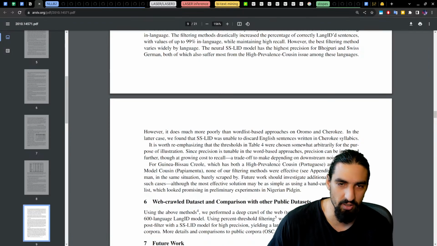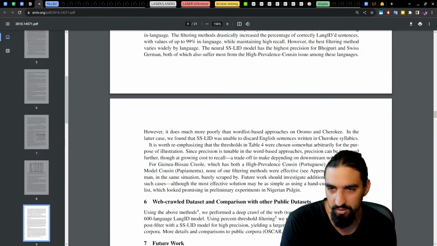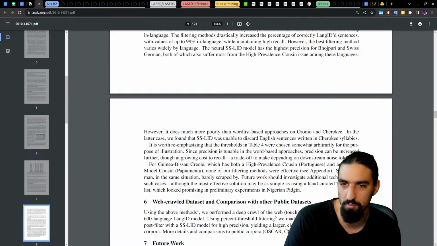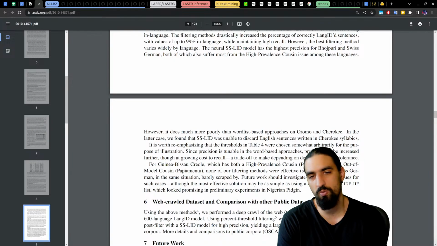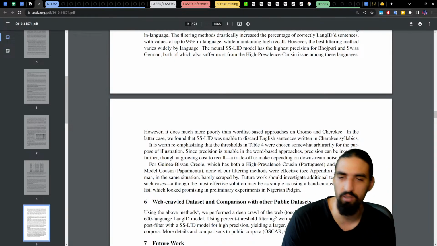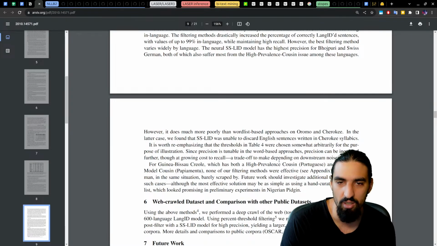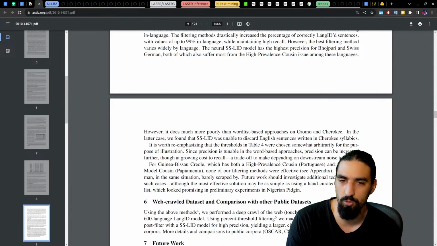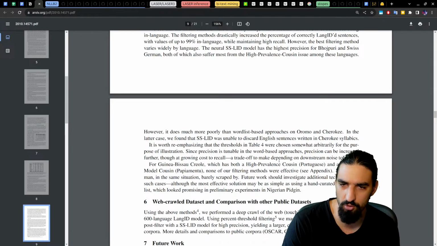In the latter case, we found that SSLID was unable to discard English sentences written in Cherokee syllabics. It is worth re-emphasizing that the thresholds in Table 4 were chosen somewhat arbitrarily for the purpose of illustration. Since precision is tunable in the word-based approaches, precision can be increased further, though at a growing cost of recall. A trade-off to make depending on downstream noise tolerance.